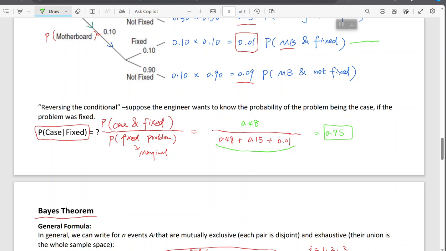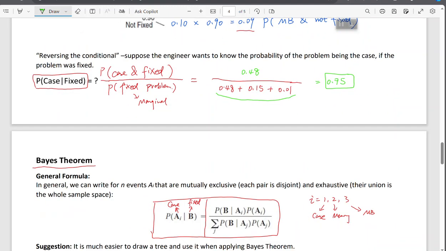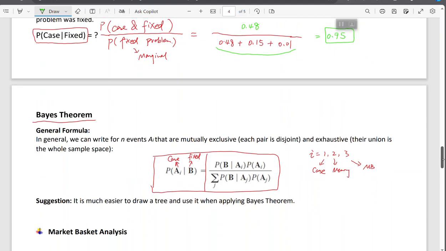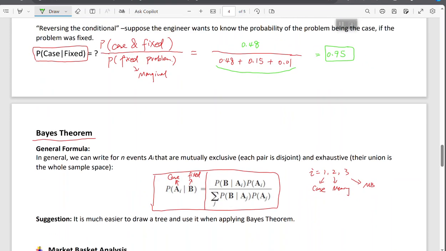Now let's come back to this Bayes theorem. Let's look at this formula here, starting with the bottom. First, we have the summation sign, so we do have the summation of these three cases. The summation of what? A summation of a conditional probability times a marginal probability.